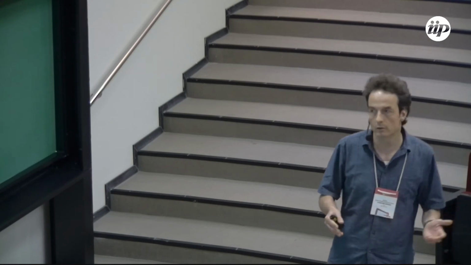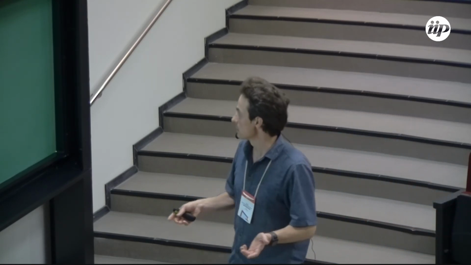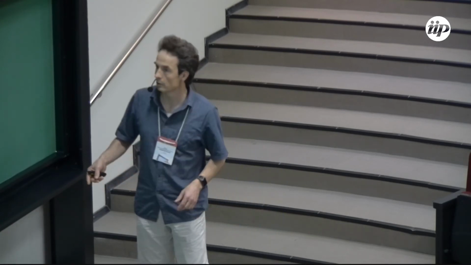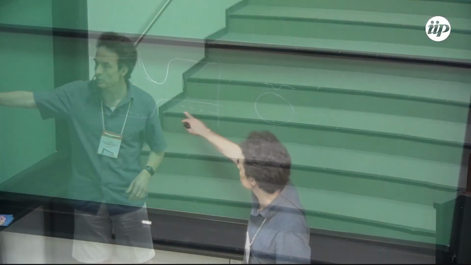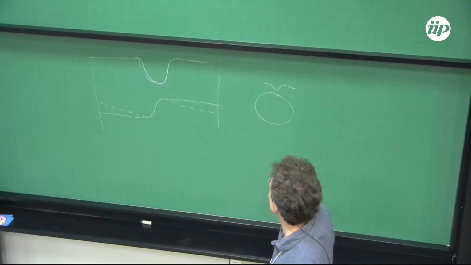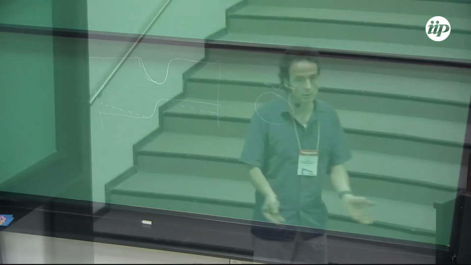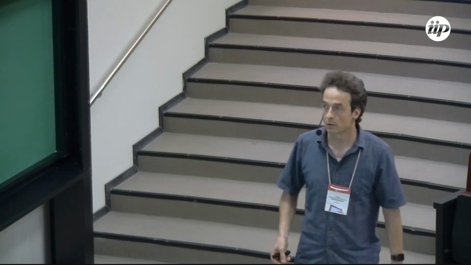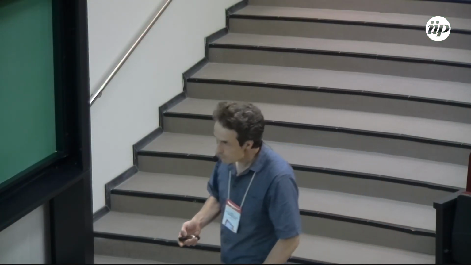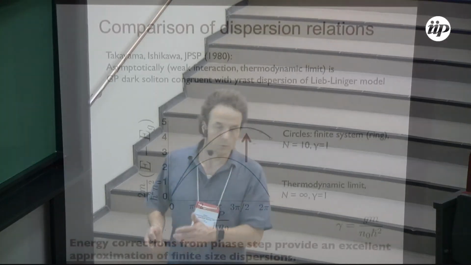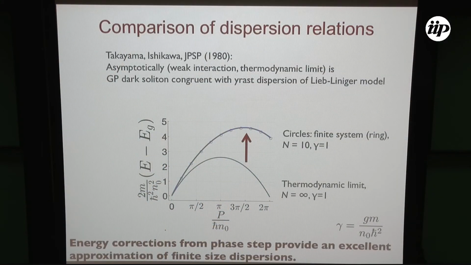Or if there is a phase, then maybe it is a fluctuating phase. Does it actually mean something? Yes, it does seem to mean something, and the derivation assumes just that there is a phase step and that we need this backflow current, which is a global thing. It applies over the whole ring. So if somebody can explain to me what it means, I would be interested to hear, but it seems that there is an indication that it means something.